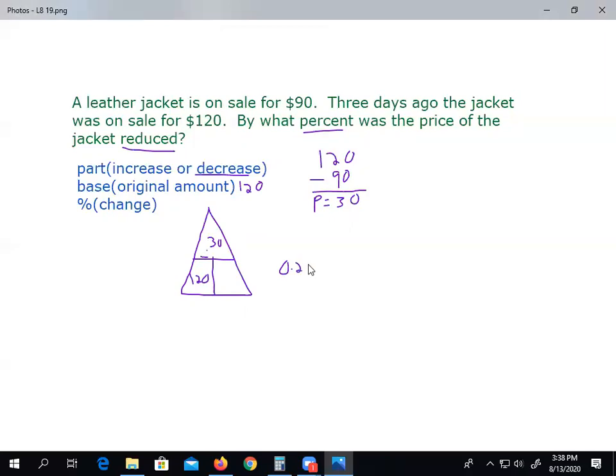But remember, that's in decimal notation. I still got to put it in percent notation. So if I move the decimal 2 places to the right, that creates then the 25%. Because you remember 25% means 25 per 100, and that would be equivalent. So that concludes our lessons on ratios, proportions, and percents.